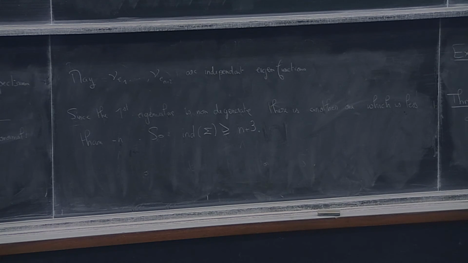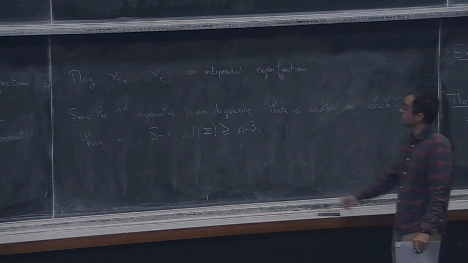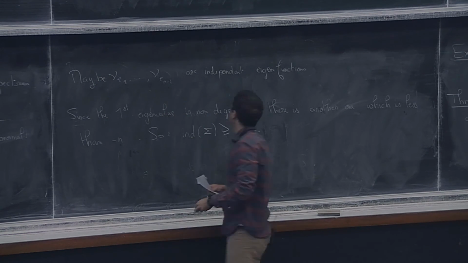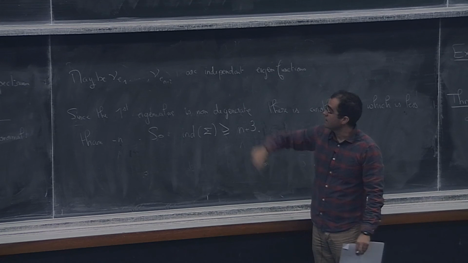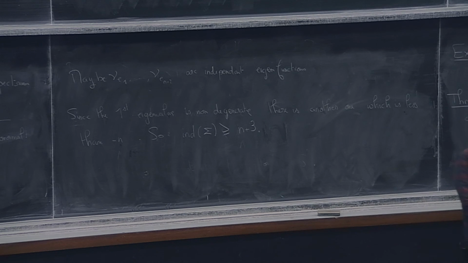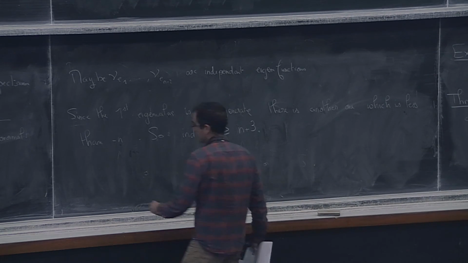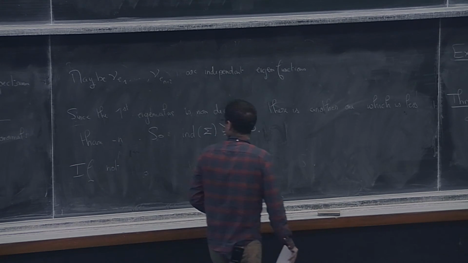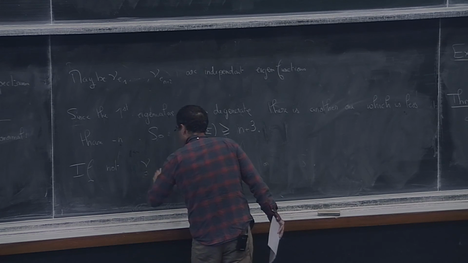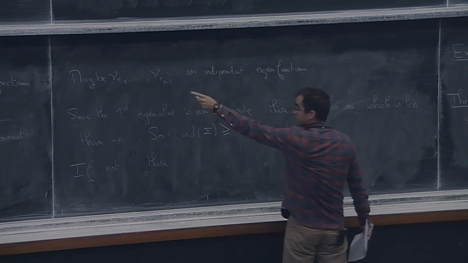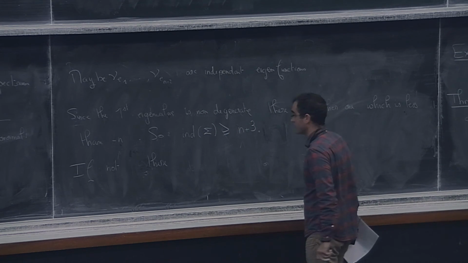The remaining case is to say, okay, but I assumed that these eigenfunctions are independent, but a priori it's not always the case. Maybe you have some relation between them. So if not, there is a relation between these n plus 2 eigenfunctions.